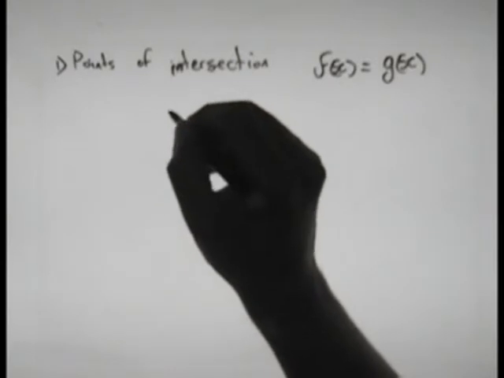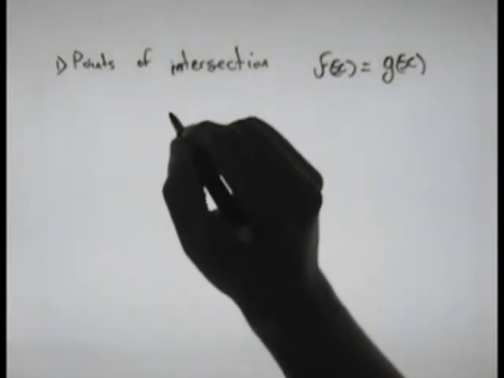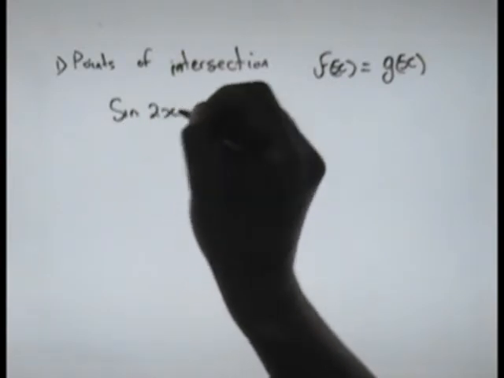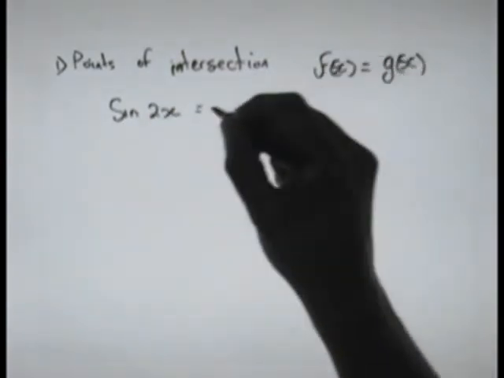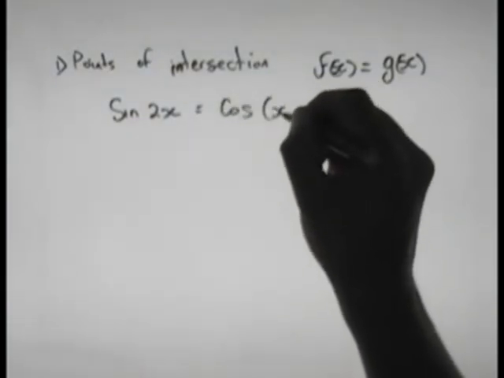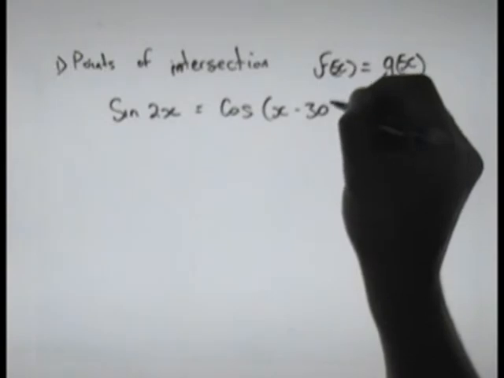That means now f of x we know is the sine graph, sine of 2x. G of x is the graph cos of x minus 30 degrees.